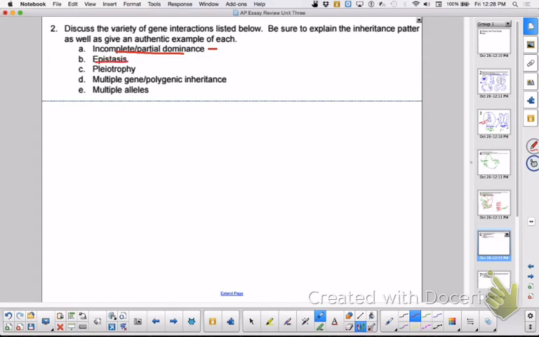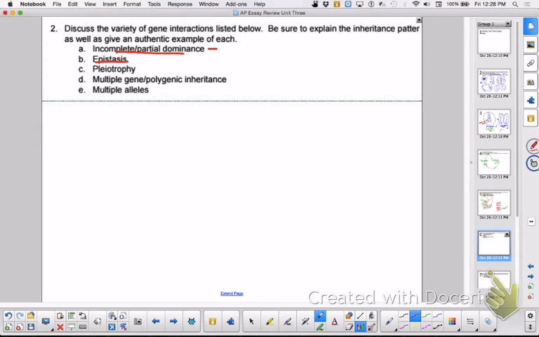Epistasis, when we talked about epistasis, we said one allele controls another whole set of alleles and the way they are expressed. If you remember for that one, we talked about rats, right? And rat color, you could either have a black rat or a brown rat, but you're going to have an albino rat if you don't have the big C, the epistatic gene.